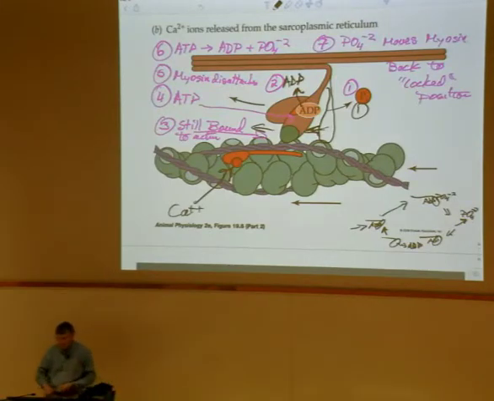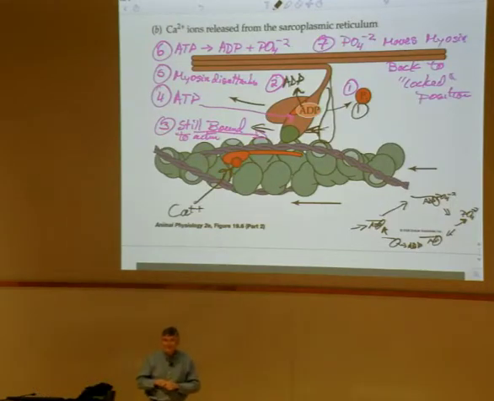Okay, good question. Okay, I think I saw another hand somewhere in that region. Maybe not. Oh, yeah, Tanner. Why does the contraction start quickly if it pumps in and there are channels out? Okay, so why does it start quickly? It pumps out of the cytoplasm, channels into the cytoplasm, okay?